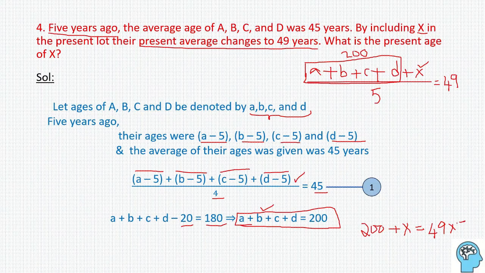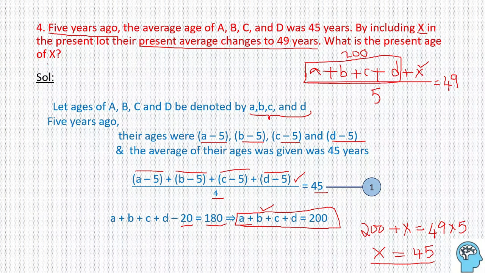Okay, 49 into 5 is 245. And hence you get the value of x to be 45 years. So the age of X is 45 years. That is the present age of X. So that is what he asked. Okay. The same thing I have done in detail in the next slide. Please go through it.